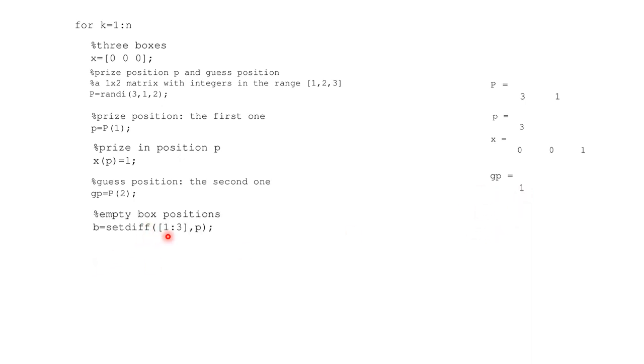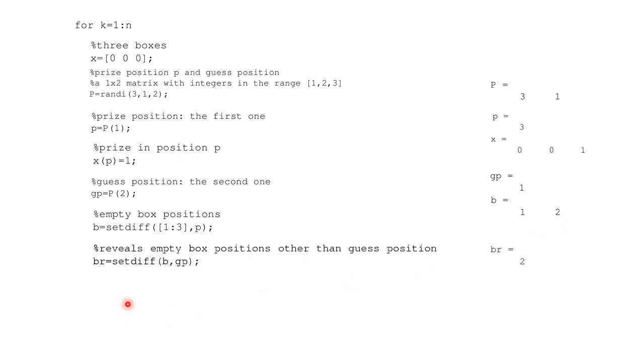Then the empty box positions we can get from where the prize is. The prize is in position 3. So we take the set difference between the numbers 1, 2, and 3 and P. Of course, that then is a vector with the empty boxes in it. Then the compere, the presenter, is going to indicate a box Q which is empty.